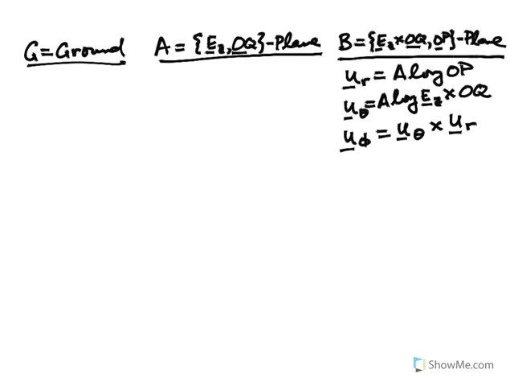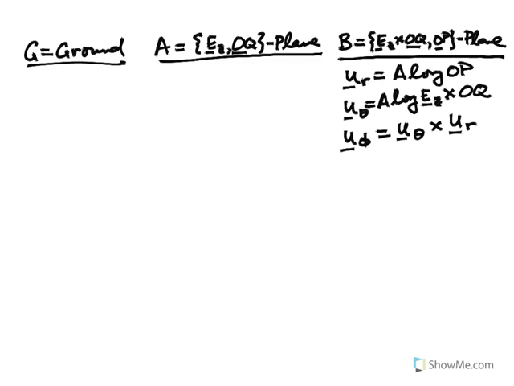Now if you look, you'll see that the basis is ordered UR, U phi, U theta, because if I take U theta crossed with UR, U theta is the third direction, and UR is the first direction, so 3 cross 1 gives me 2, which is U phi. That's how I got this, because U theta is not the second direction, it's the third direction, so it's 3 cross 1.